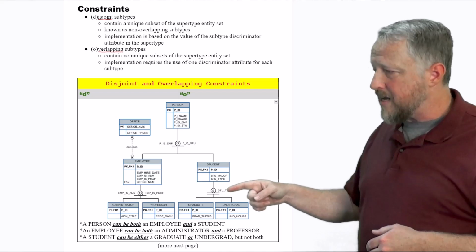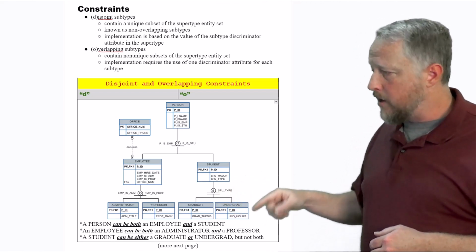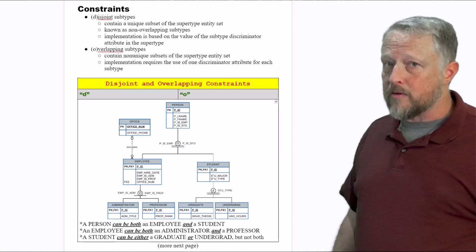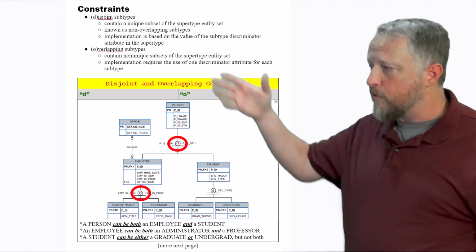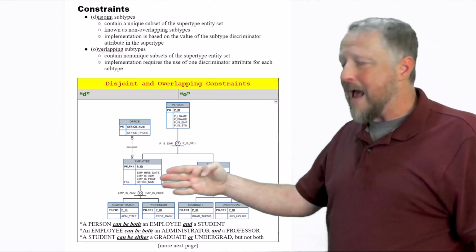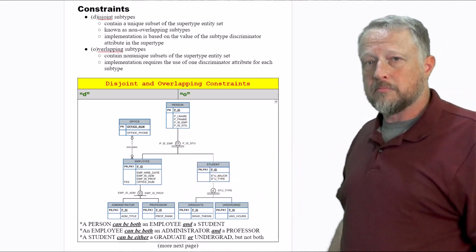A student can either be a graduate or an undergraduate, but it can't be both. The rest of them are an overlapping subtype. A person can be an employee and be a student.